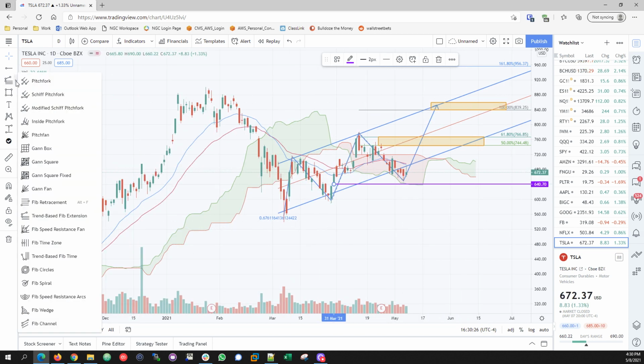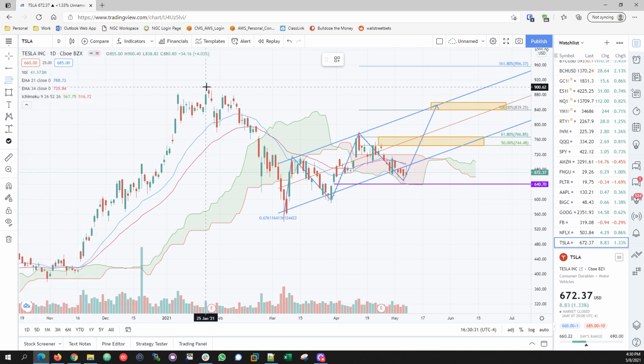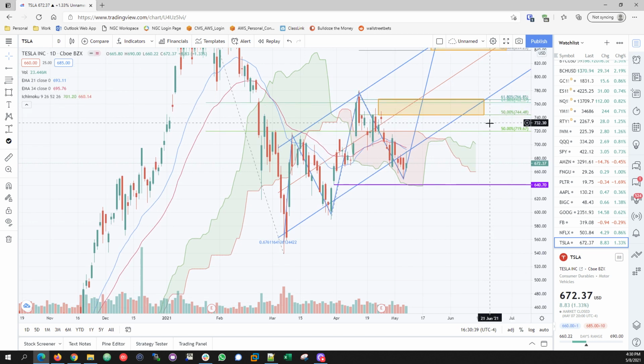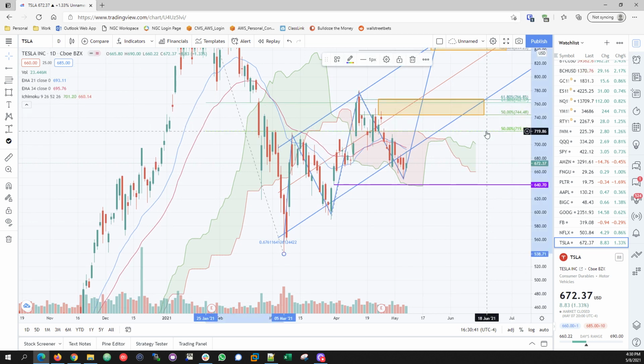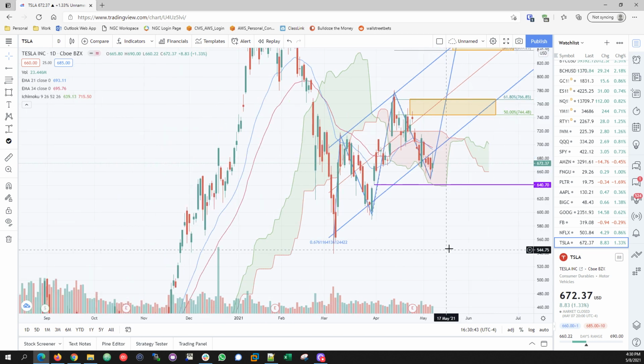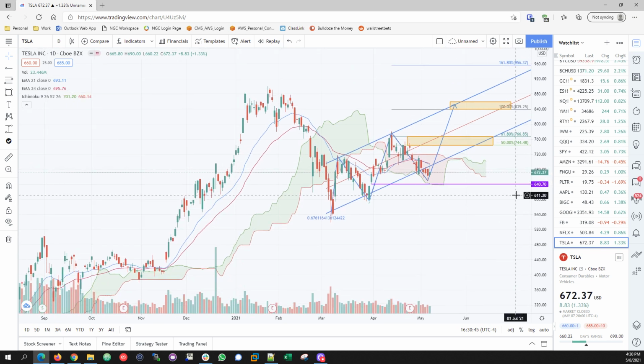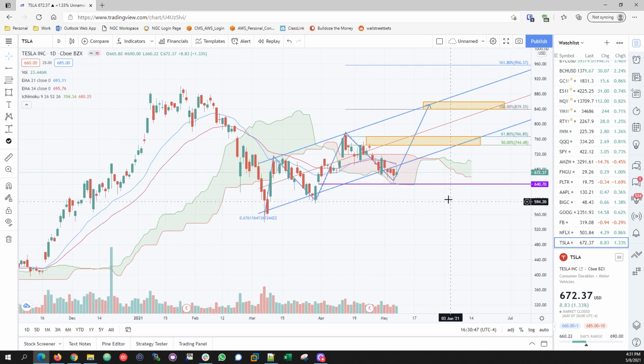Or you can establish another level by getting the high of this top and the low of this bottom. Okay, that's not even aligning with anything because it already broke the levels that I wanted to see. So that's not going to happen. So 640 would be my area of stop loss.